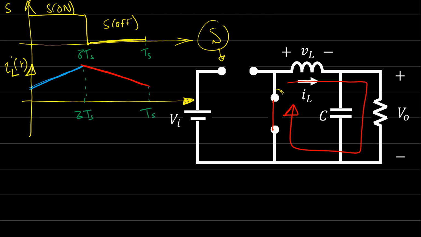We also agreed that to achieve a steady-state operation, the average current in the capacitor and the average voltage in the inductor must maintain zero. The average voltage that is applied on this inductor must be zero, so this area must be equal to this area. When the inductor is charged, we have positive voltage.